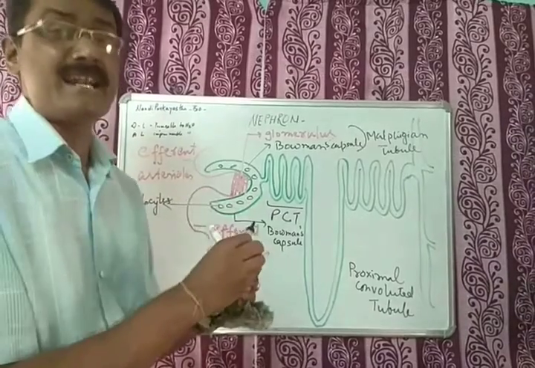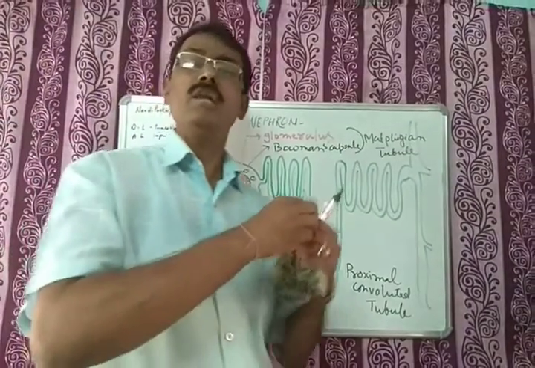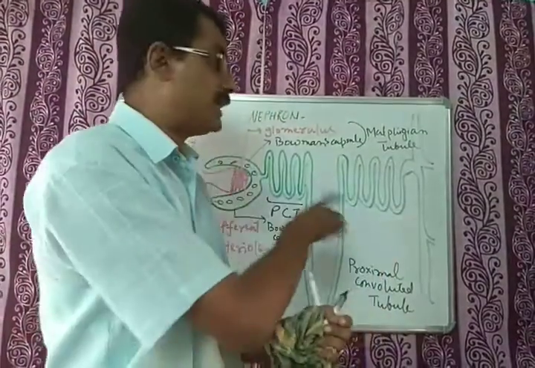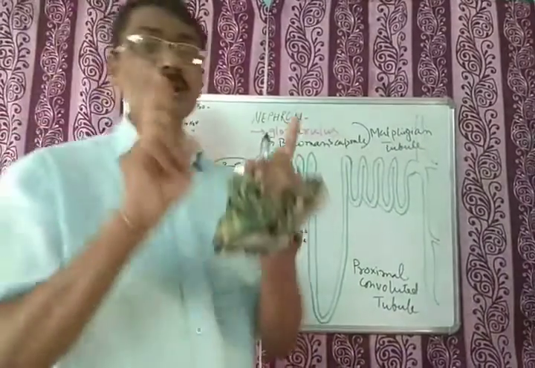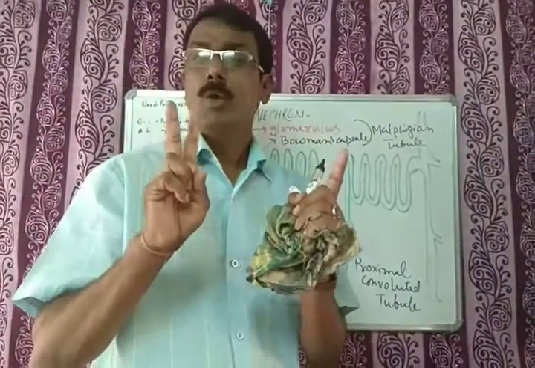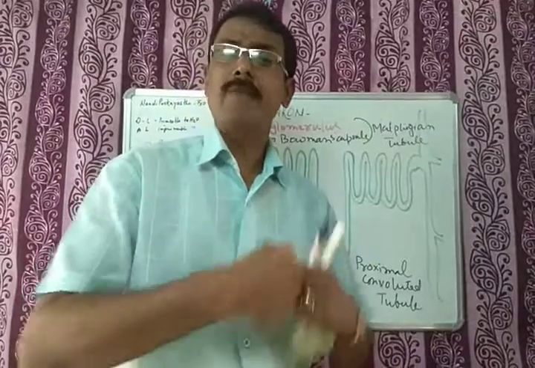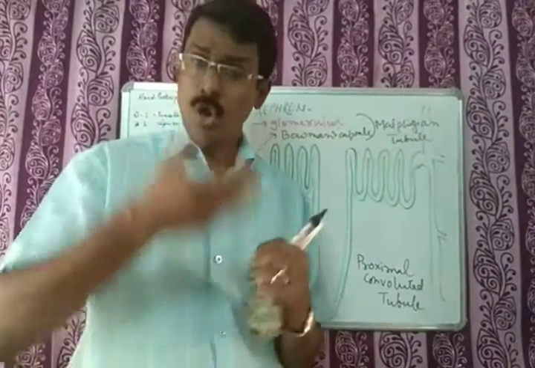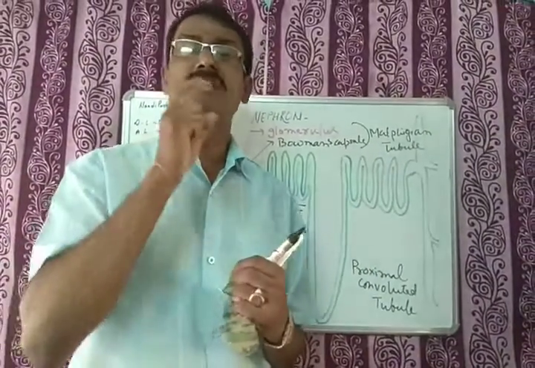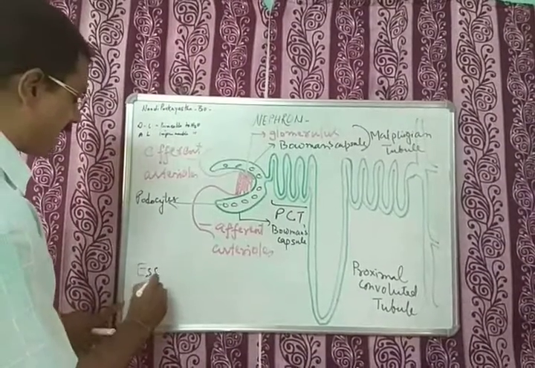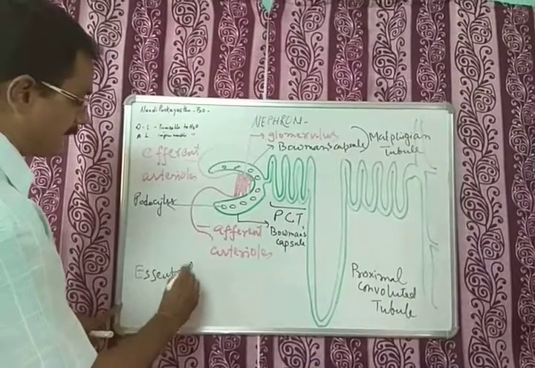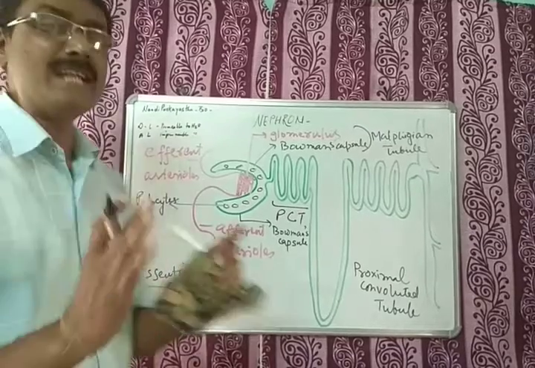Some protein content also will not come out along with the urine. They will be absorbed. So we find two distinct things: those which need to be absorbed and those which need to be thrown out. Those that are absorbed are called essential materials.